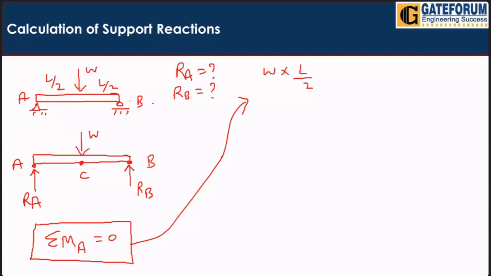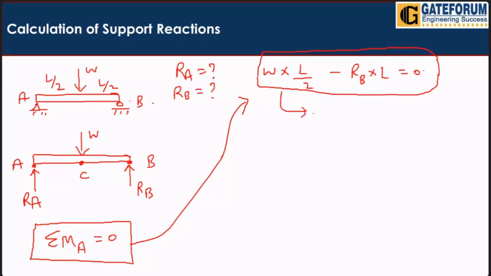You can go for negative also, that is not a problem because this is not a sign convention, this is only calculation. And then minus RB multiplied by L is equal to 0. After solving this equation, the value of RB support reaction is W by 2.